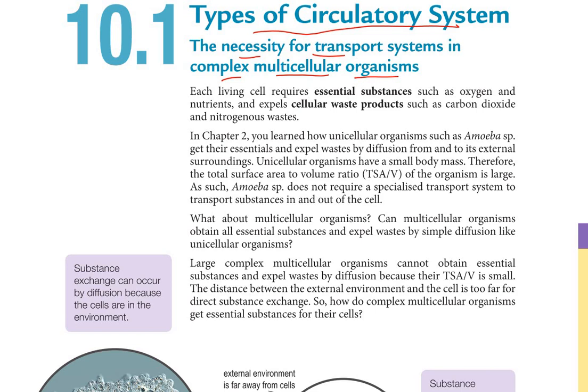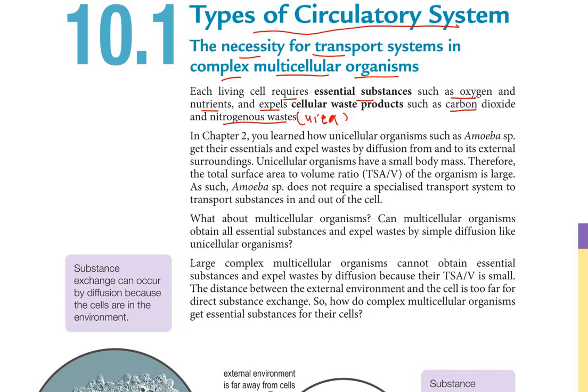Each living cell requires essential substances such as oxygen and nutrients, and expels cellular waste products such as carbon dioxide and nitrogenous waste. An example of nitrogenous waste is urea. So we need substances, for example, oxygen.